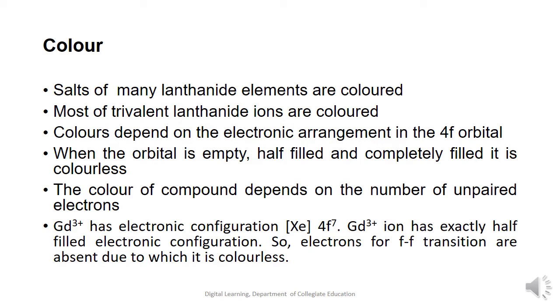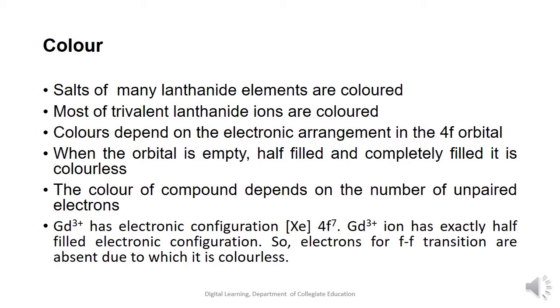Color depends on the electronic configuration in the 4f orbital. We can say that when the orbital is empty, half filled or completely filled, it is colorless. The color of the compound depends on the number of unpaired electrons.